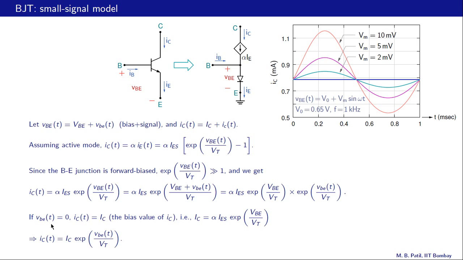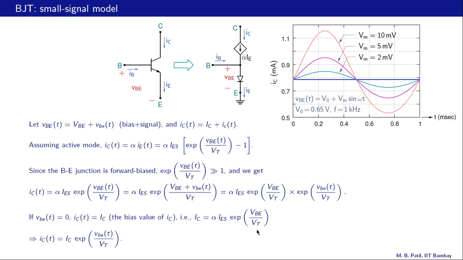So if the signal is 0, then the total instantaneous collector current is the bias value of the collector current, that is IC, capital I sub capital C, the DC part of IC here, which is alpha times IES times e raised to VBE by VT.